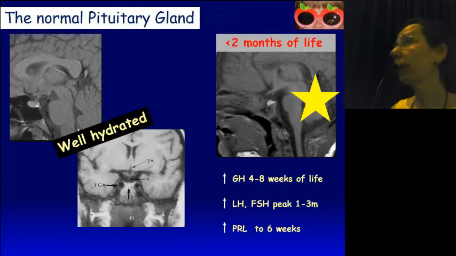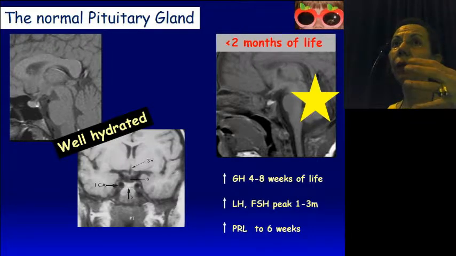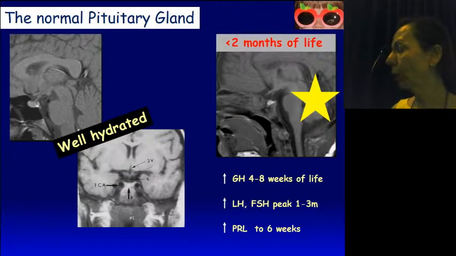In those babies, there is high secretory activity in terms of growth hormone, gonadotropins, and prolactin. So this high signal intensity is due to the presence of macromolecular structures in the anterior lobe, which are the hormones I mentioned before.